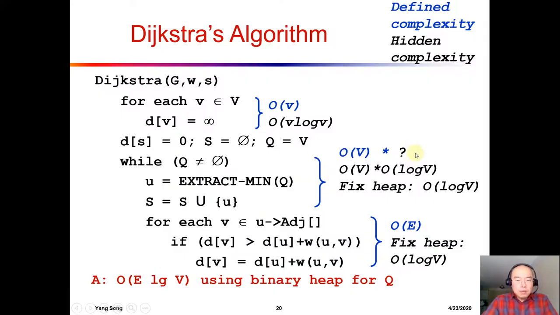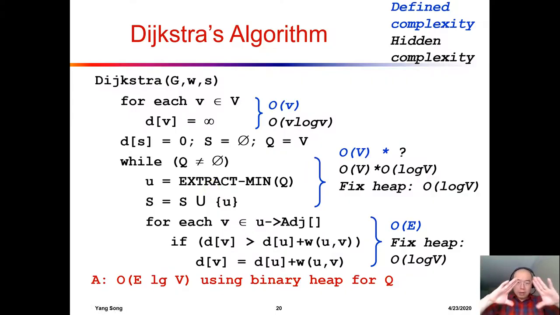If we are extracting the min value from a min heap, what is the time complexity? If we only want to see the min value, that is the root, the very top of the min heap. To see the minimum value, that is constant time. However, we want to extract it, take the minimum out from the heap.